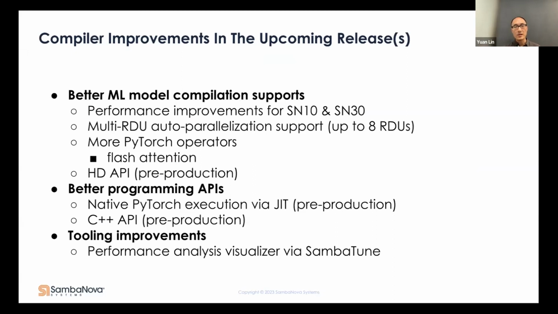Another feature is, like I mentioned before, multi-RDU auto parallelization support. You can take an operator, or a subgraph I should say, and map it onto up to 8 RDUs. The other thing we're working on is other PyTorch operators, and one of the key features we're working on supporting is flash attention.